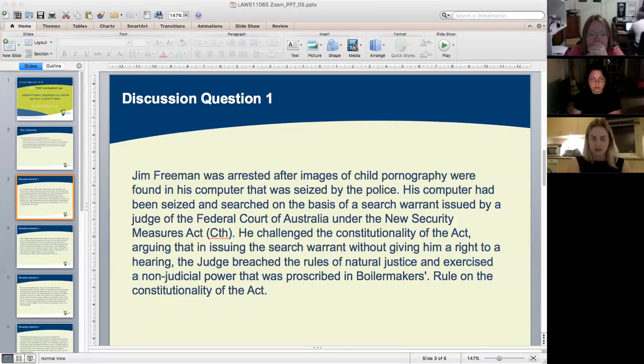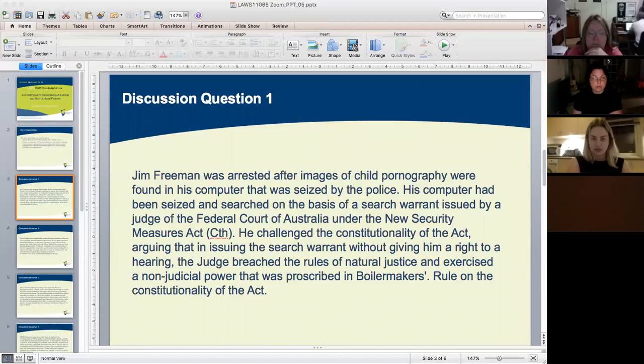He challenged the constitutionality of the act, arguing that in issuing the search warrant without giving him a right to a hearing, the judge breached the rules of natural justice and exercised a non-judicial power that was prescribed in the Boilermaker's case. Rule on the constitutionality of the act.